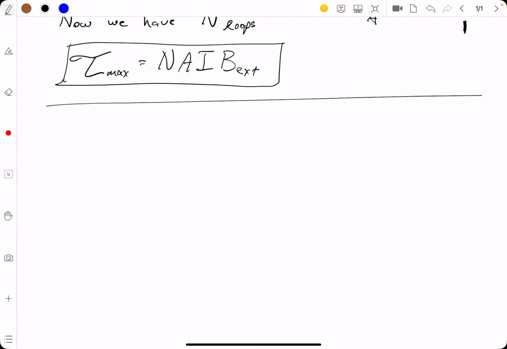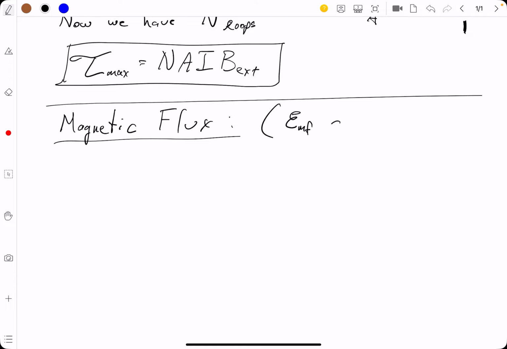Okay, so magnetic flux. All right. First of all, why do we do magnetic flux? Because we want to know the EMF generated. So we're doing magnetic flux because we're looking for EMF generated.